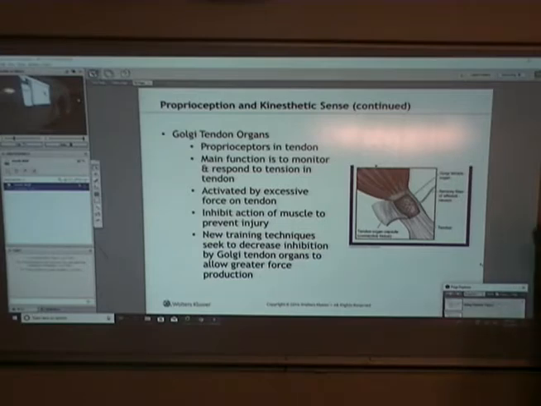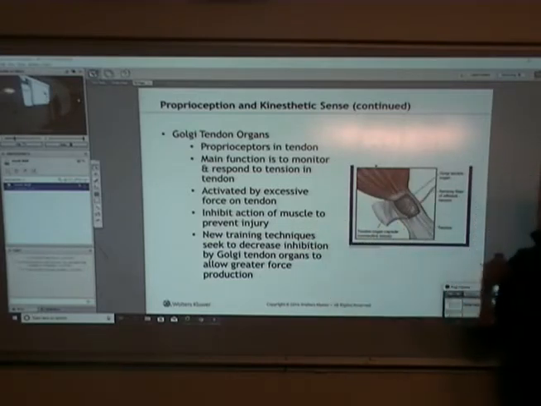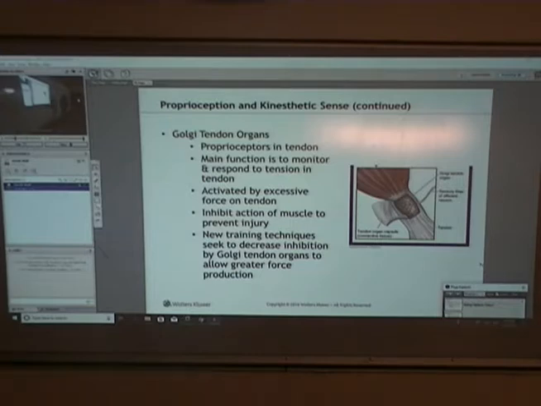So they have a protective role, they inhibit the action of the muscle, but there is fatigue in the proprioceptive system, right?